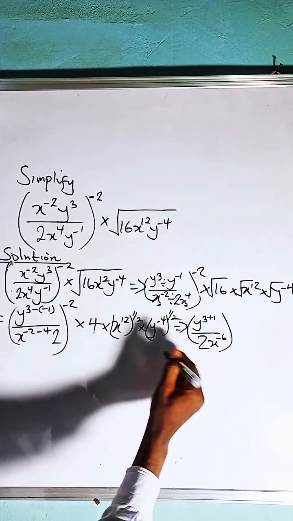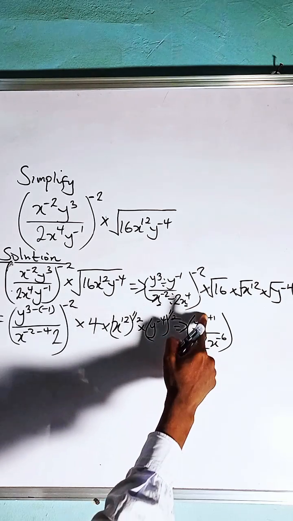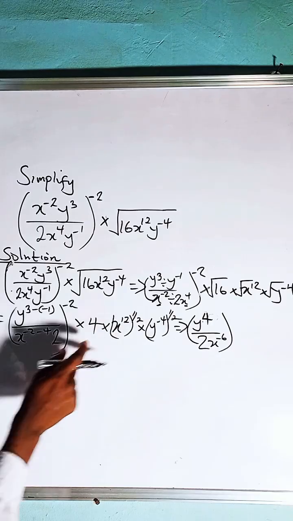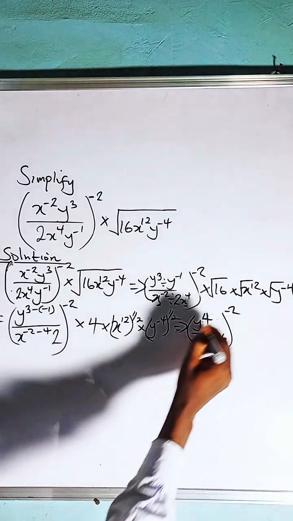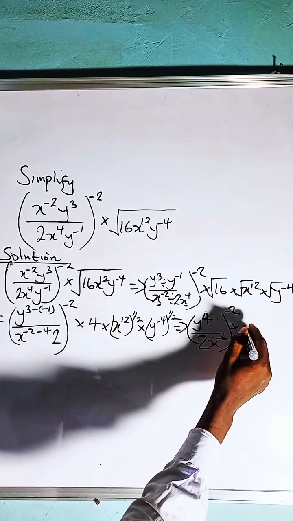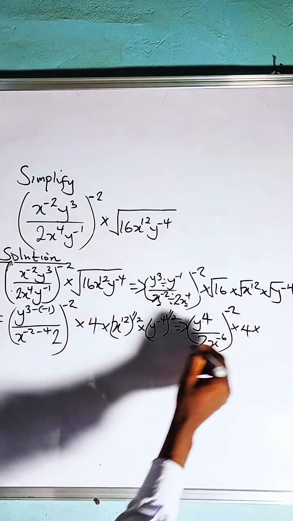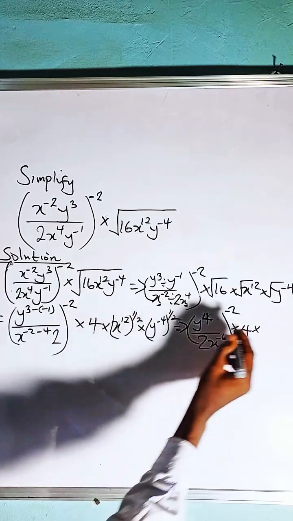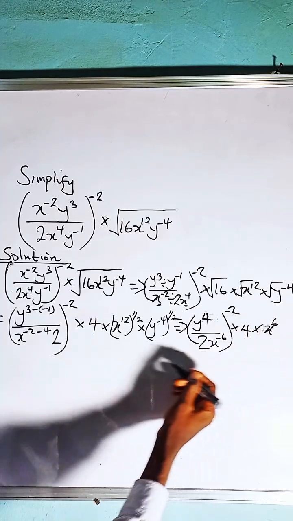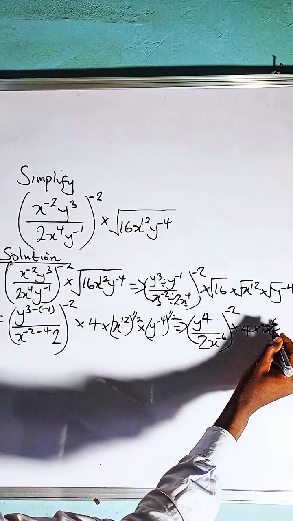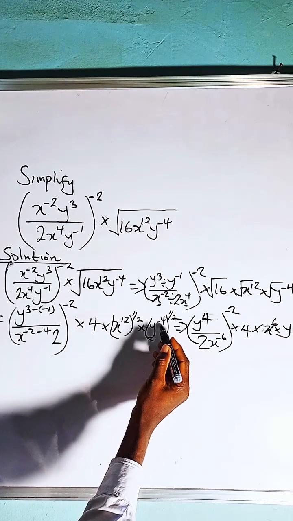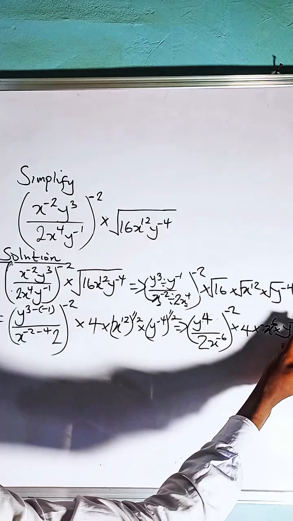For 3 plus 1 we have 4, so the bracket is raised to the power minus 2, times 4, times x to the power 6, times y to the power minus 2.